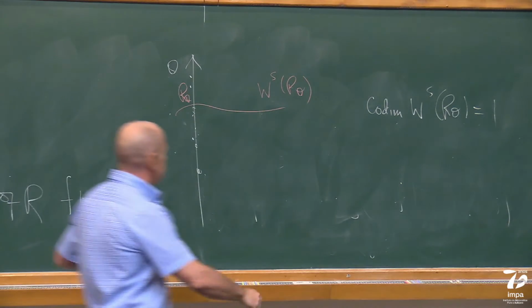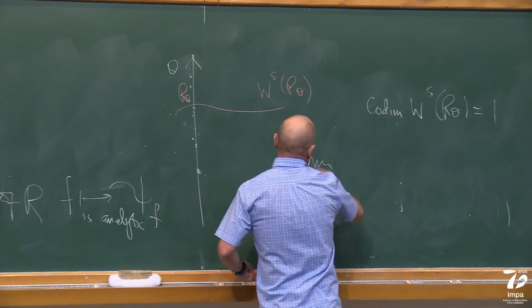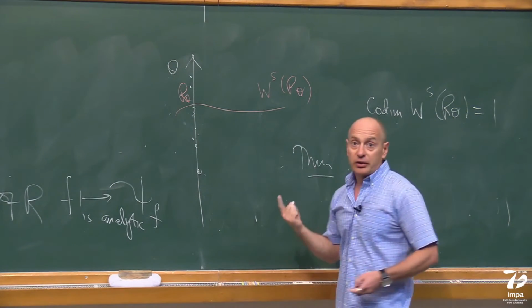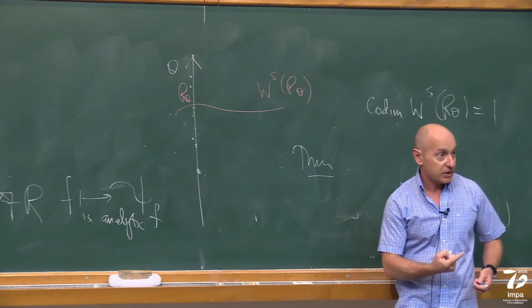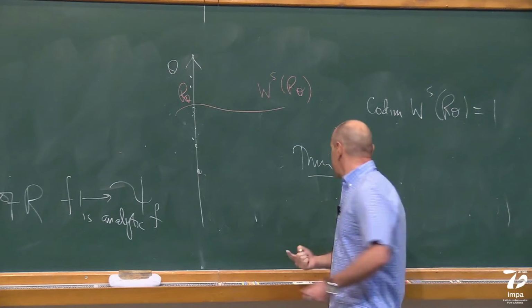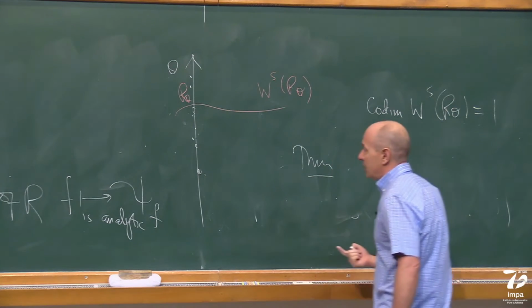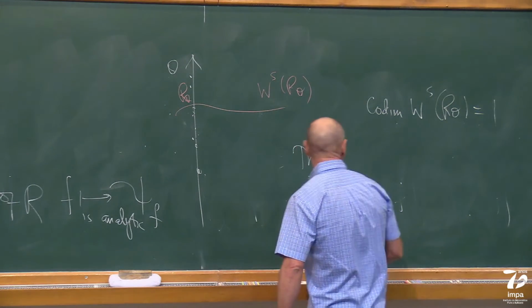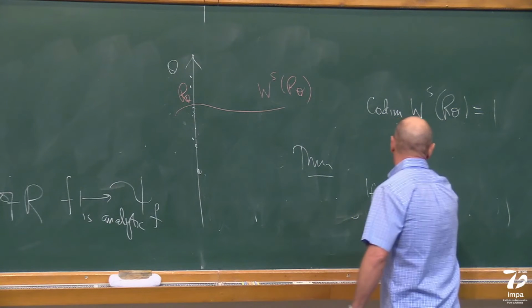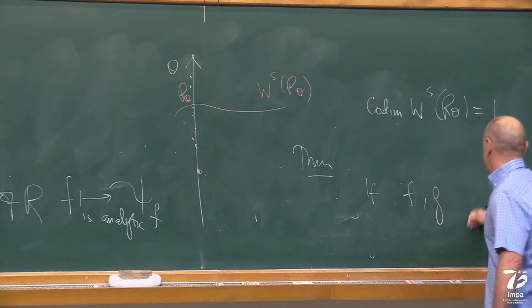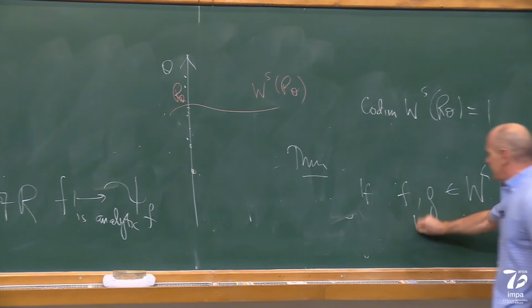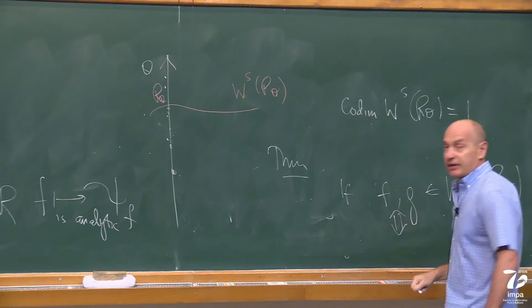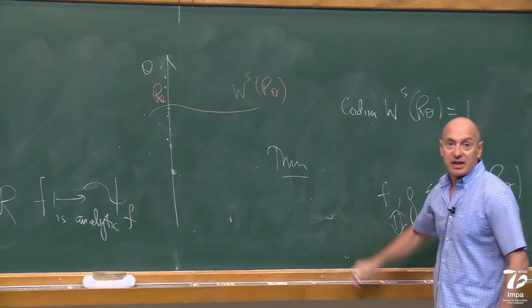Okay, so the next theorem that we proved, remember I told you convergence of renormalization should imply rigidity, right? So now rigidity. So rigidity is the following statement: f and g belong to the same stable leaf, well, actually, I should write if and only if f and g belong to the same stable leaf.